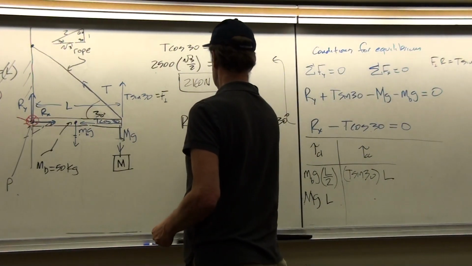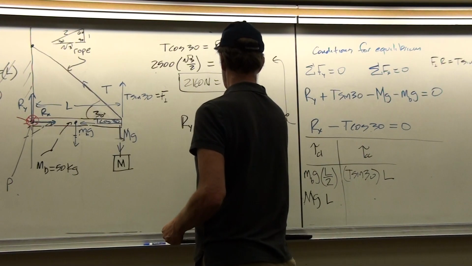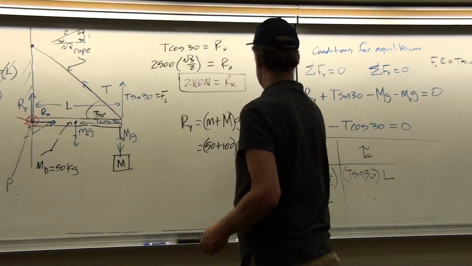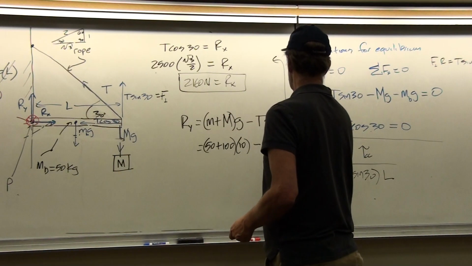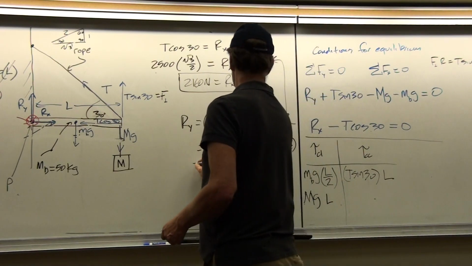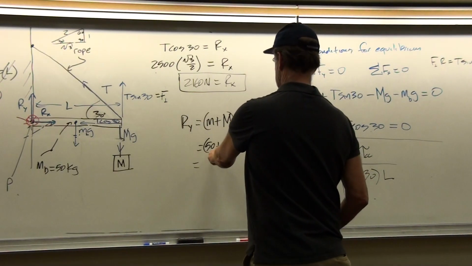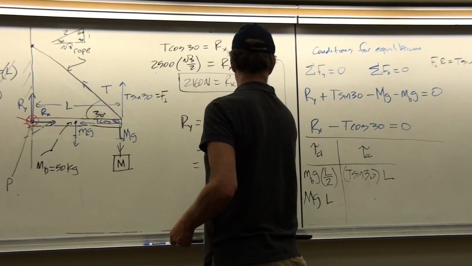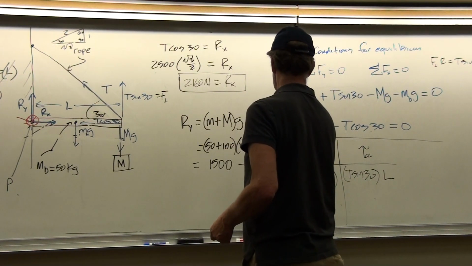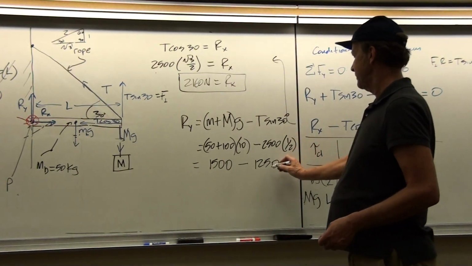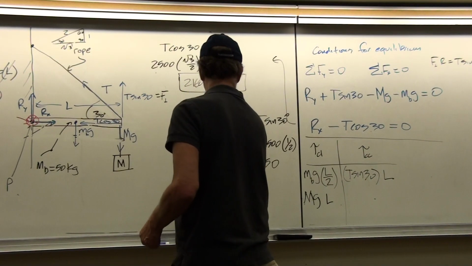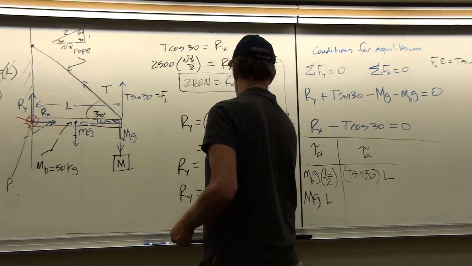So that'll be 50 plus 100 times g, 10, minus T, 2,500, times the sine of 30, which is 1/2. This is 150 times 10, which is 1,500, minus 1,250, since 2,500 divided by 2 is 1,250. That gives us a relatively modest value for Ry of 250 newtons.